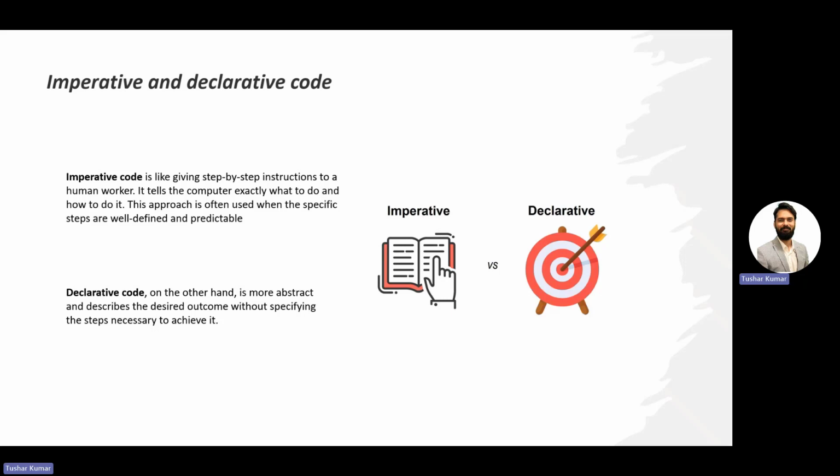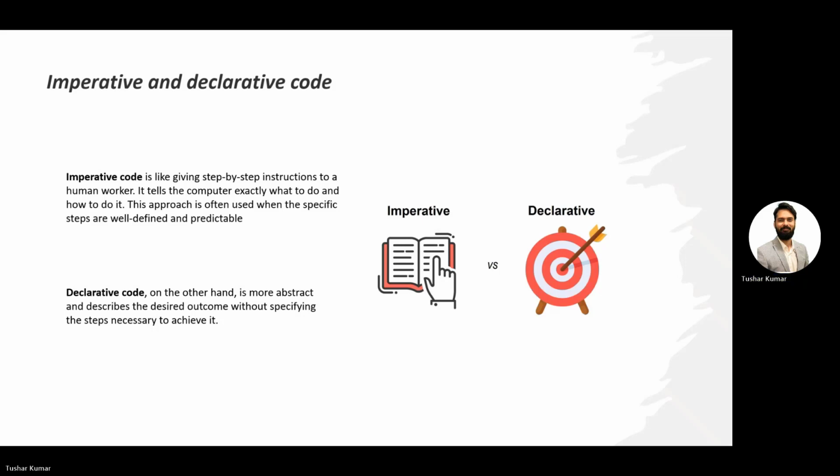So basically, let's say you are doing some task, and it's the same as building a house. Imperative code is going to be like your step-by-step instruction. You are going to dig into the soil, put the foundation in, and build the house on top of that with all the bricks and everything.